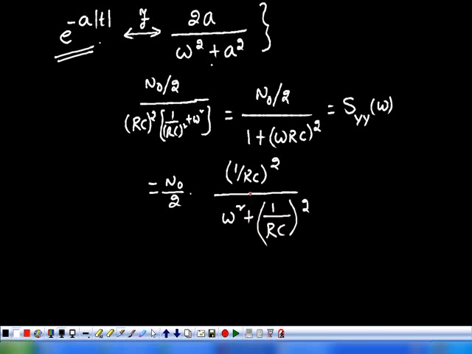So now we have a divided by a square plus omega square, but actually we require 2a here.